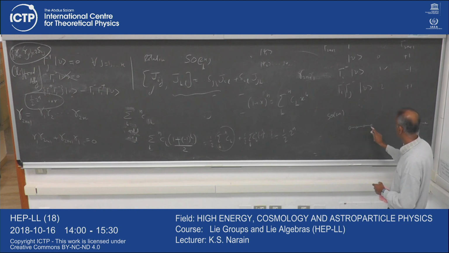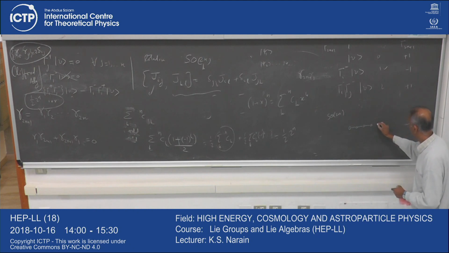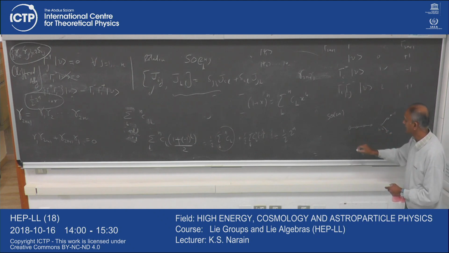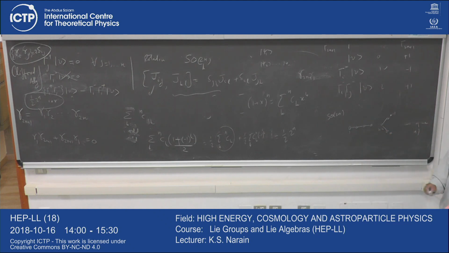So 1, 2, 3. So let's say this is the nth guy, this is the n minus 1th guy, this is the n minus 2th guy, and this is the first guy. I'm just labeling alpha 1, alpha 2, alpha 3, alpha n minus 2. So this is a peculiar thing here.